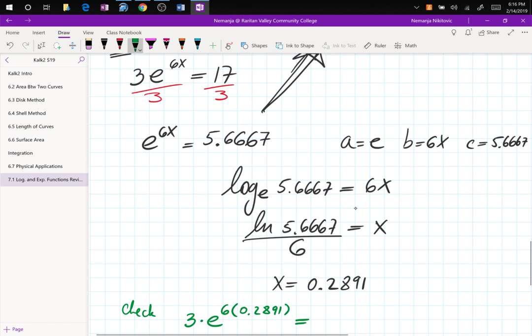So 3 times e caret, open parenthesis, 6 times 0.2891, close parenthesis. What I see is 16.99998. This is the calculator value. Well, I'm just going to call this 17 because it's good enough.